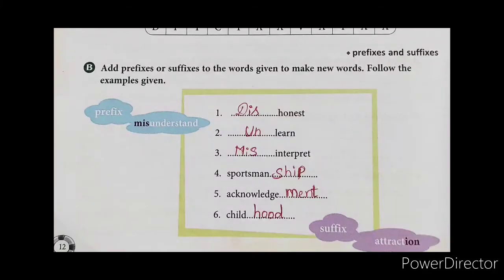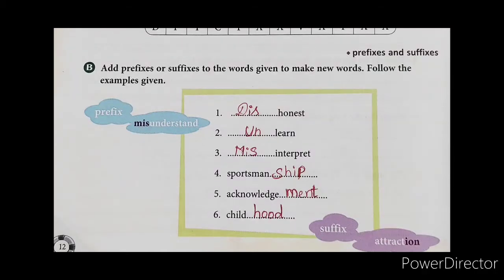Understand is a word. When we are adding the prefix mis, together it is misunderstand. It gives a completely different meaning. Understand is the root word. When we are adding the prefix mis, together it will change its meaning as misunderstand. Here also in suffix you can see attract.